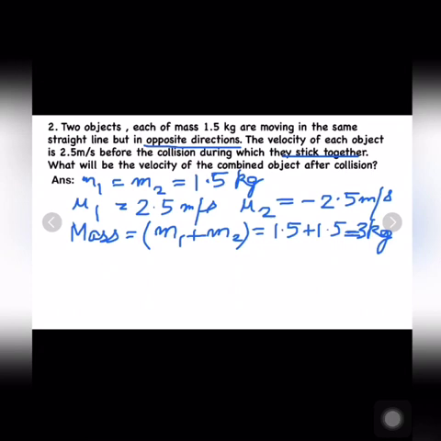And what will be the velocity of the combined object after collision? So you have to find out v, the velocity of the combined object after collision.